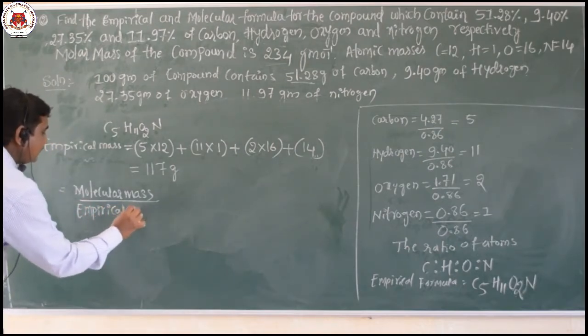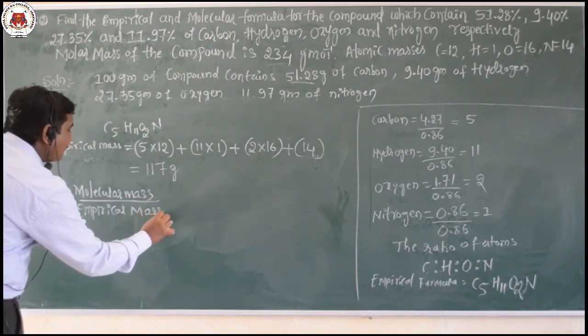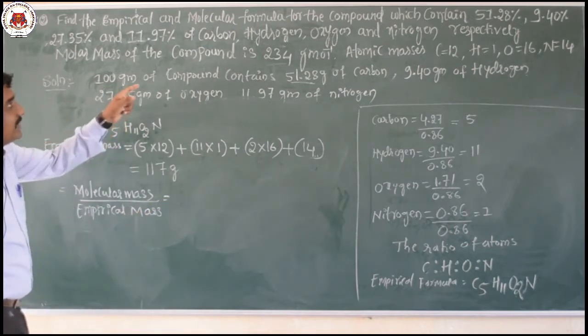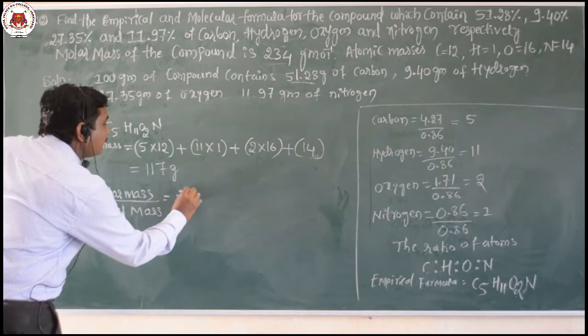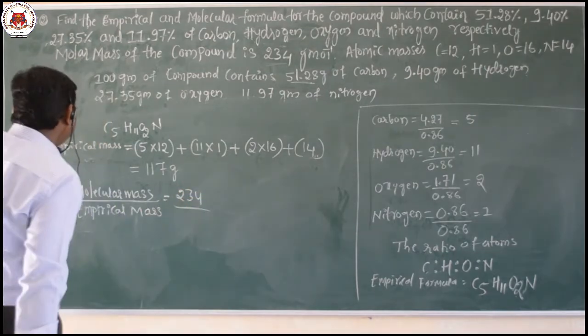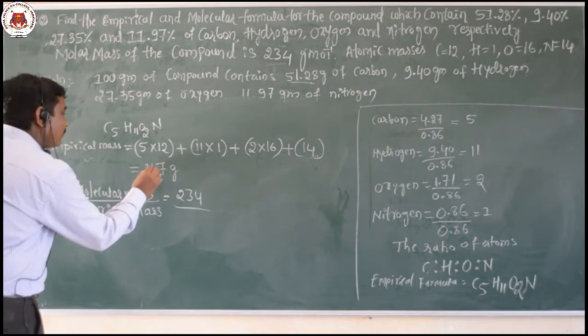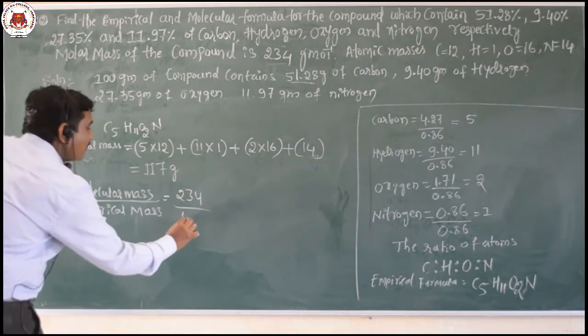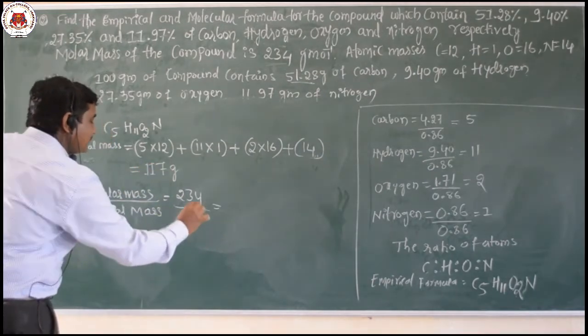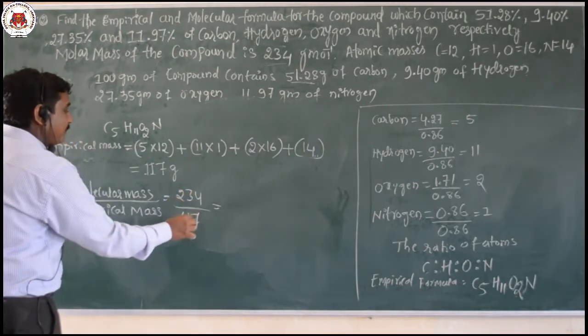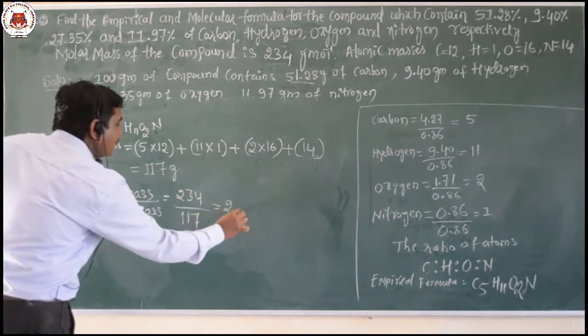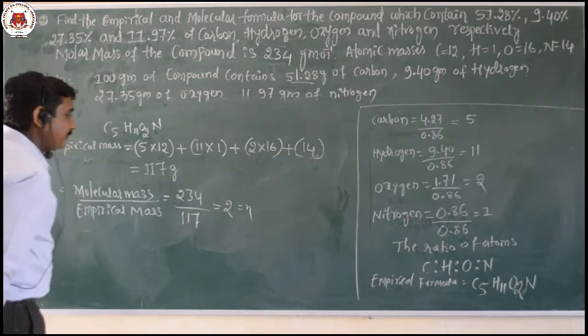The molecular mass is given as 234, divided by the empirical mass, which we already calculated as 117. 234 divided by 117 is equal to 2, that is the N factor.